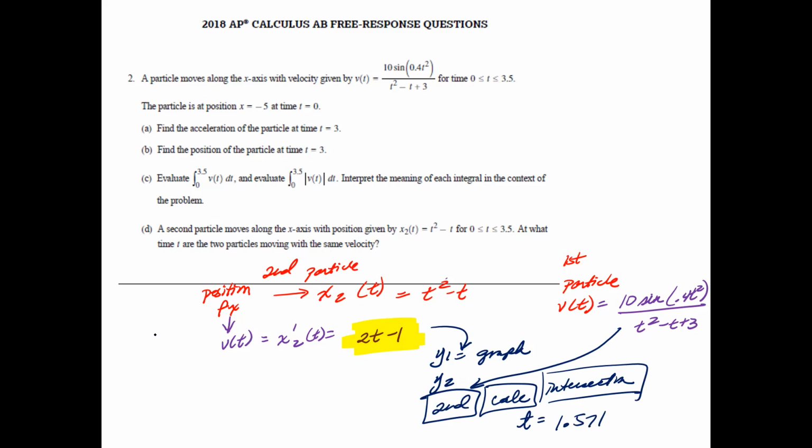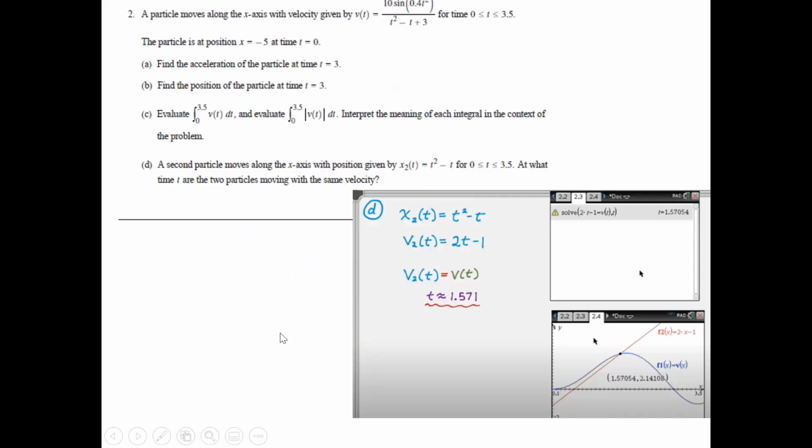So at what time are the two particles moving with the same velocity? A lot of times it's just a repeat of the question. The two particles are moving with the same velocity at t equals 1.571. And that's what you can write.